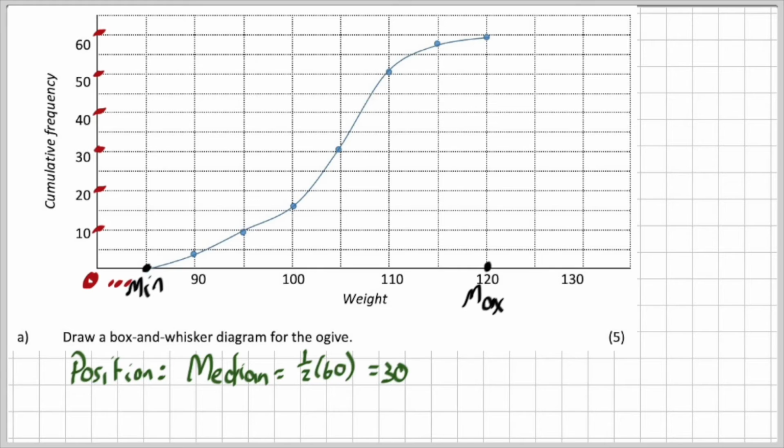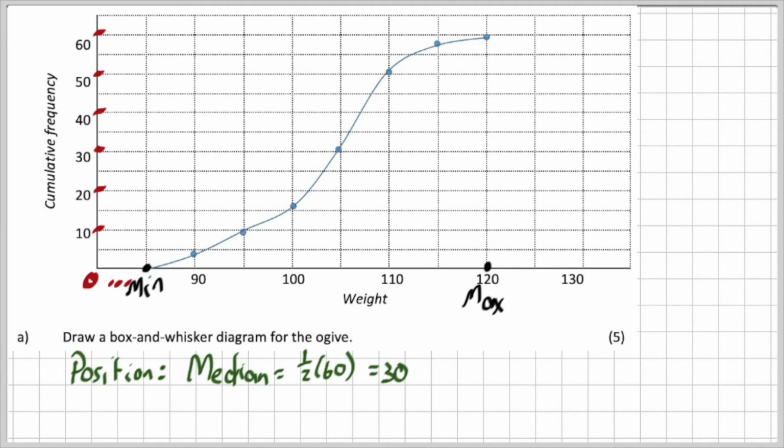The more important thing about this is that, remember, an Ogive is an estimation. So there's going to be very, very little difference between your 30th person and your 30.5th person because it's actually just an estimate.